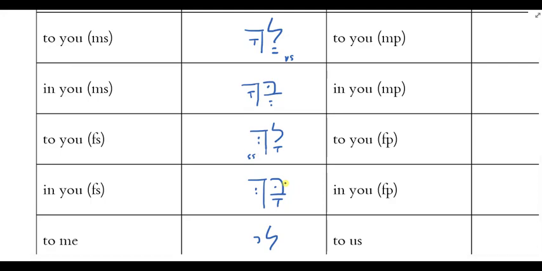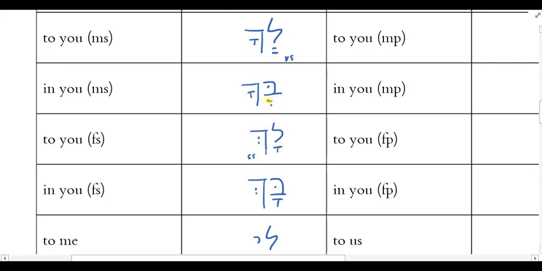And so here's the thing to remember. When the pronoun you is functioning as a subject, it has the tav. Ata, right? When it's an object of the preposition or a direct object pronoun, which we're going to learn, the tav will change to a kaf, but the vowel pointing will be the same.